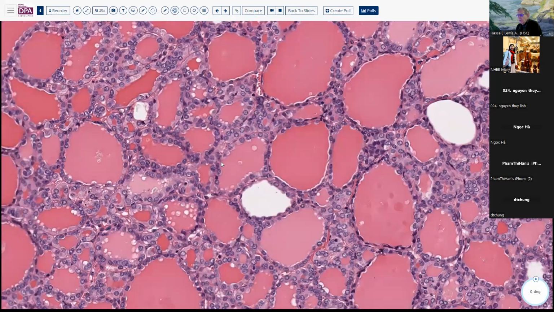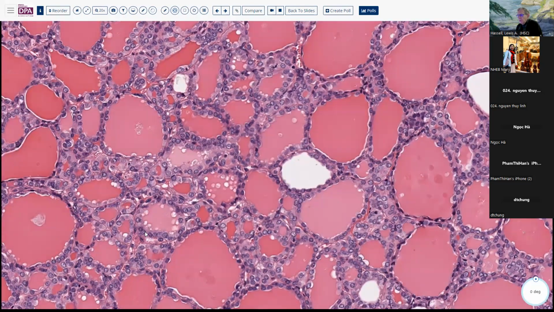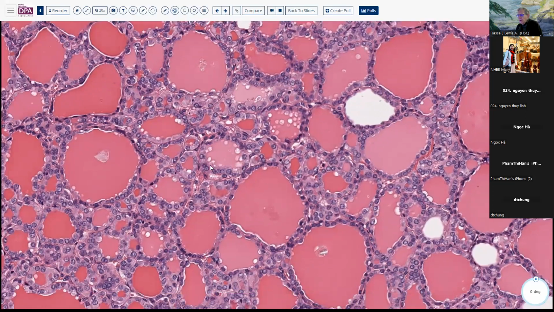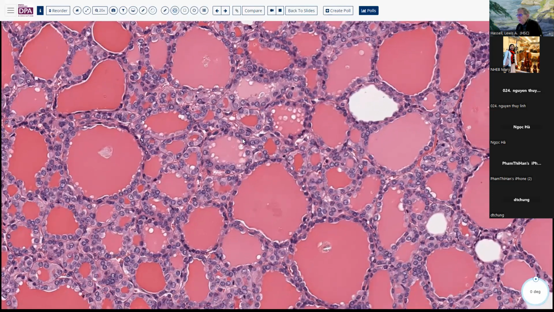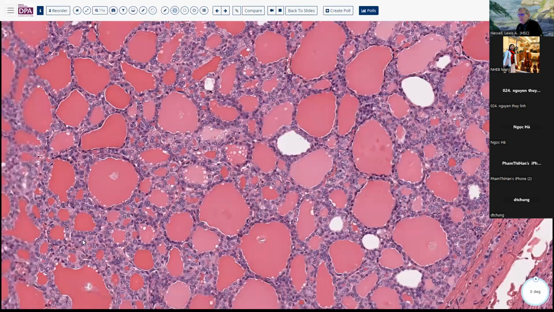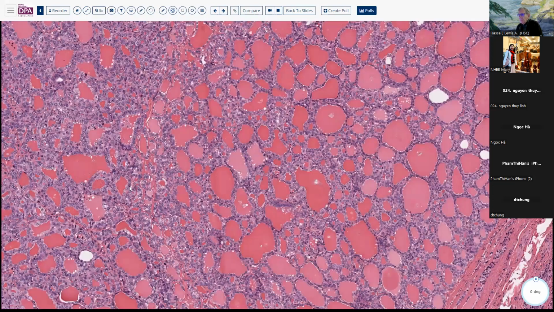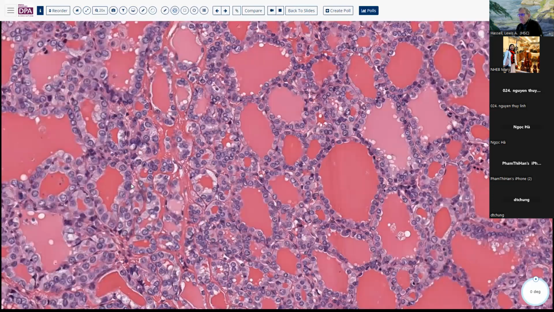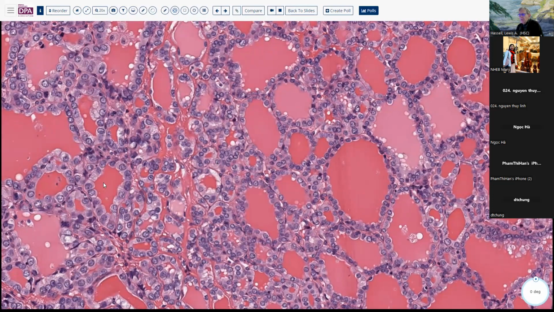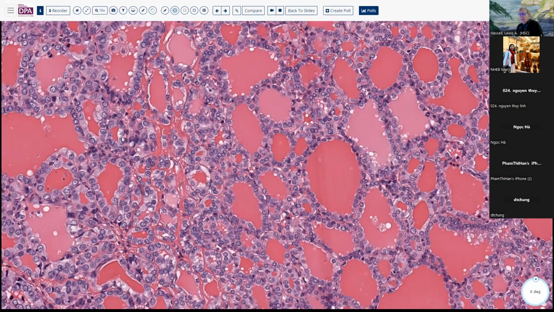There are some grooves in a few of these cells. If you were to look very closely under your microscope, you see a little bit of the scalloping of the colloid. So this has the nuclear features of papillary carcinoma, and particularly as we get into some of the more solid areas here, you can see these nice grooves and the nuclear enlargement.